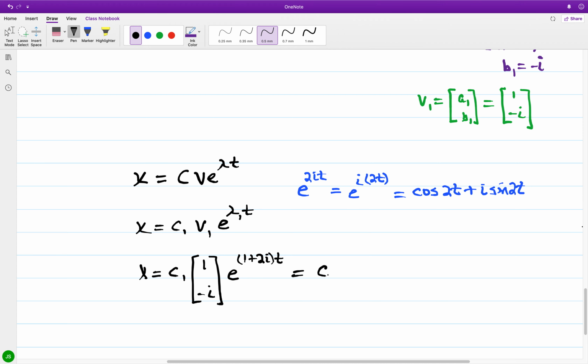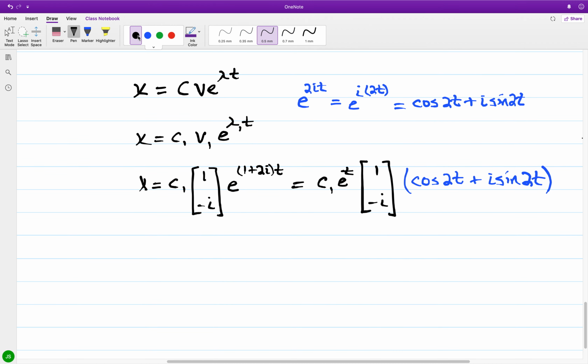Carrying over, I'm just going to branch out. I have c of 1 times e to the t, and 1 negative i, and keeping the e to the 2it, so we have times cosine of 2t plus i times the sine of 2t.